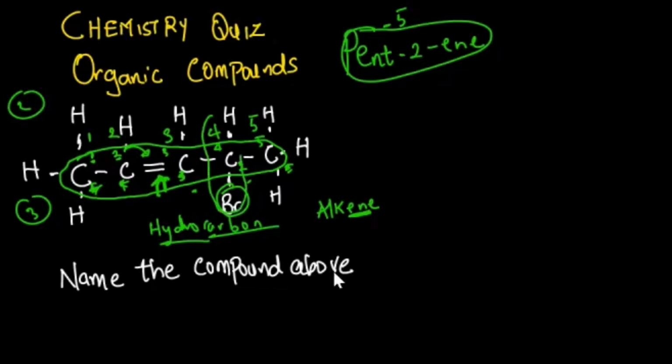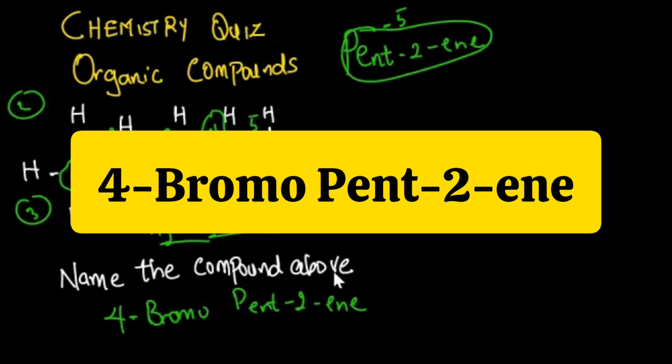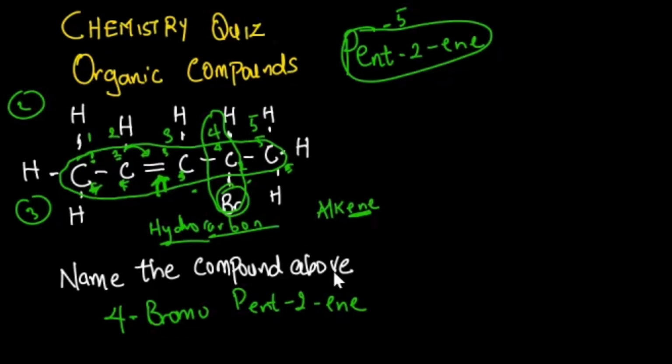This bromine is attached to the 4th carbon. So we are going to write it as 4. Bromine is regarded as bromo in this case. Bromo, pent-2-ene. So the name of this compound is 4-bromopent-2-ene. I hope you got the answer. See you in the next video.